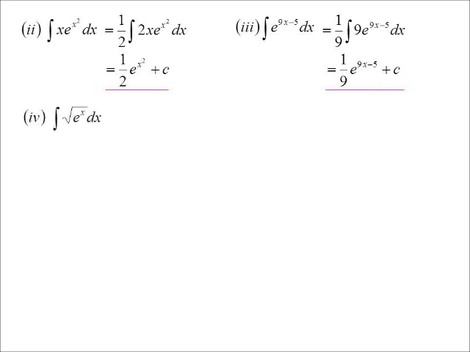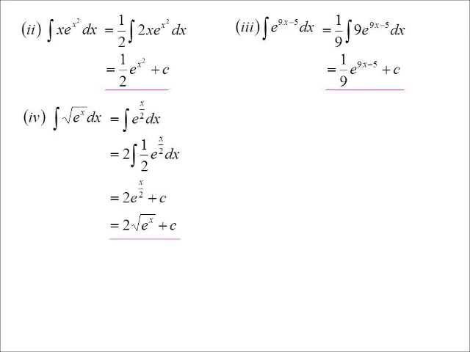Now, things like this, the square root of e to the x, remember we don't have rules for how to differentiate the square root of something. So we're going to have to put it into index form. That would be e to the x on 2, or a half x. Again, that is a linear function, so I could just say 1 over half. But I'm going the other way. I want to create the derivative, which is a half, balance it out. I've got 2 out the front.